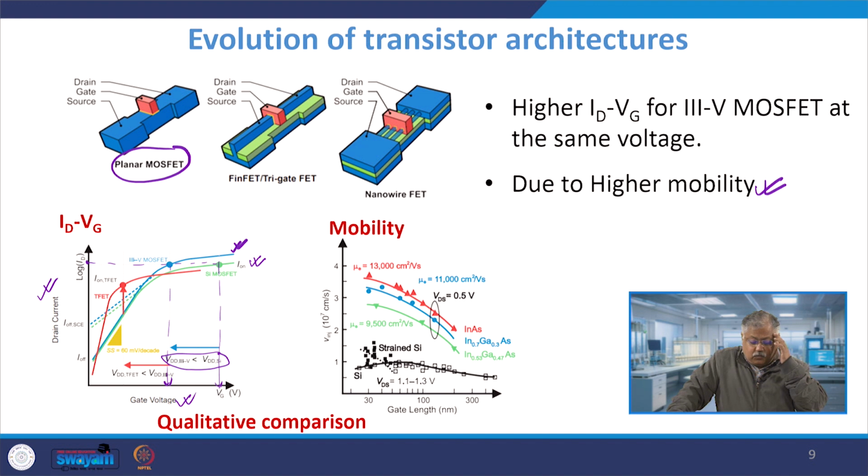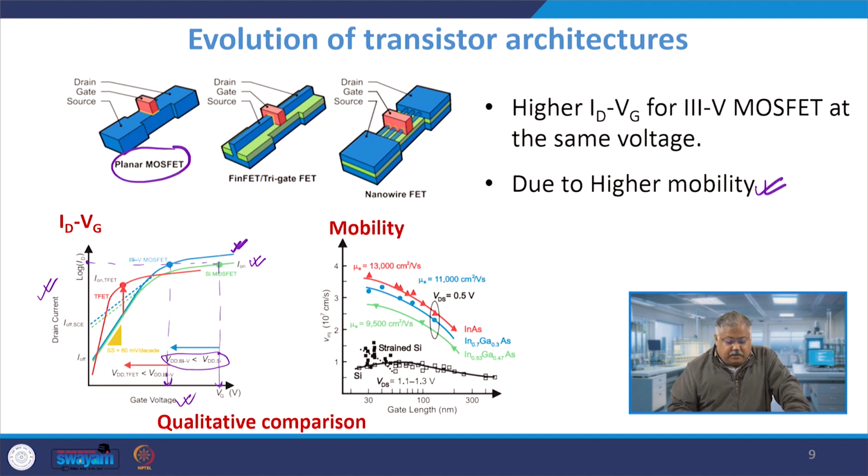Now, you will ask me why is it like that? There are certain reasons for that, but which means that the off-state power dissipation for silicon MOSFET is relatively much higher as compared to that of III-V MOS device, right.